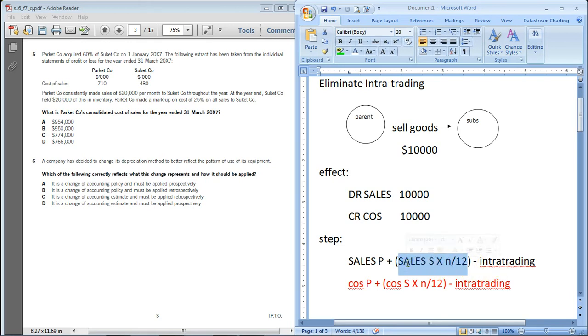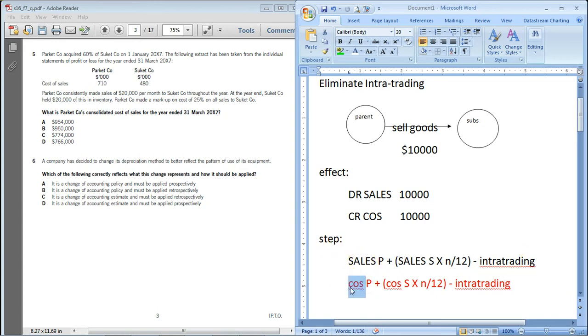Read the question, it will give you the date of acquisition and the end of the year. So you only consolidate the value after you acquire the subsidiaries and minus your intra-trading value. Not only sales, cost of sales as well.